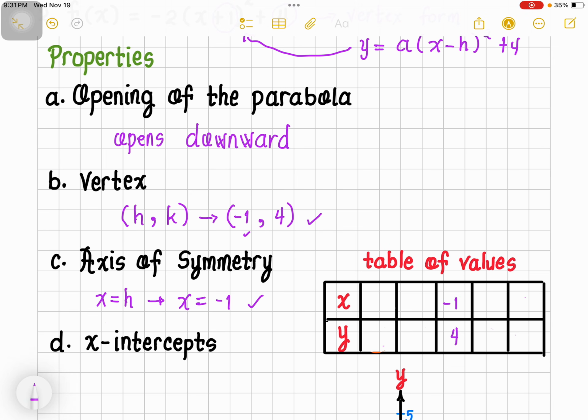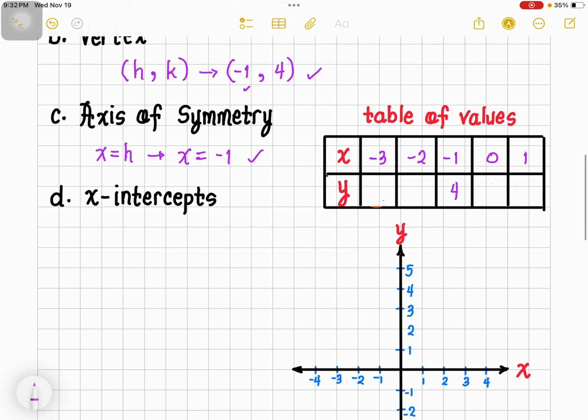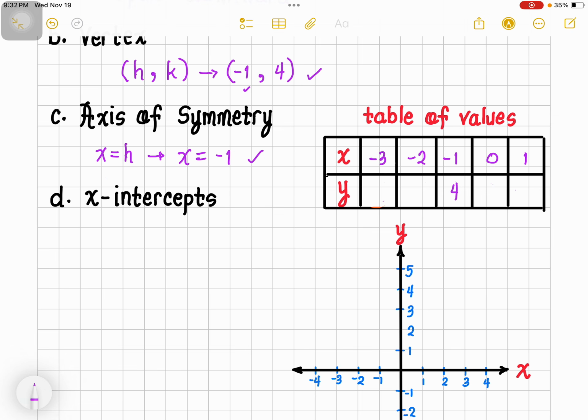Okay. So, now, let's work on sa ating table of values. What are the numbers greater than negative 1? Diba we have 0, we have positive 1. And what are the numbers less than negative 1? So, we have negative 2, negative 3, negative 4, and so on. Okay? So, now, hanapin natin yung mga values ng y natin. So, paano ba natin isa-solve yun? Magpakita tayo ng isang solution.